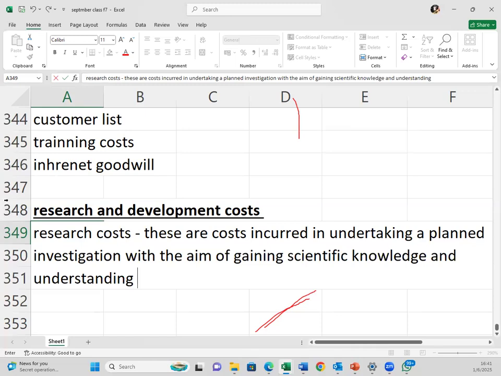It could be we want to find a method to cure a certain problem that we are facing. If it's research costs, it must be an investigation to come up with a method or a product. Research is meant to gain scientific knowledge.